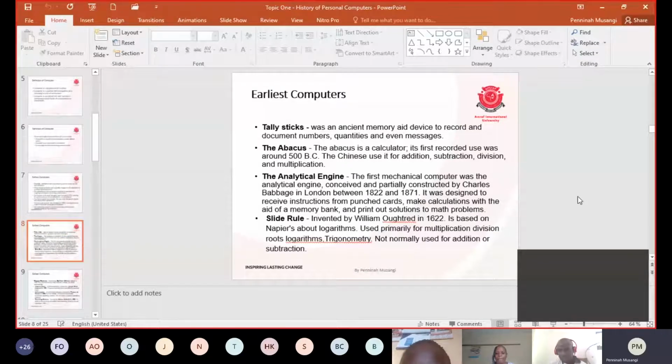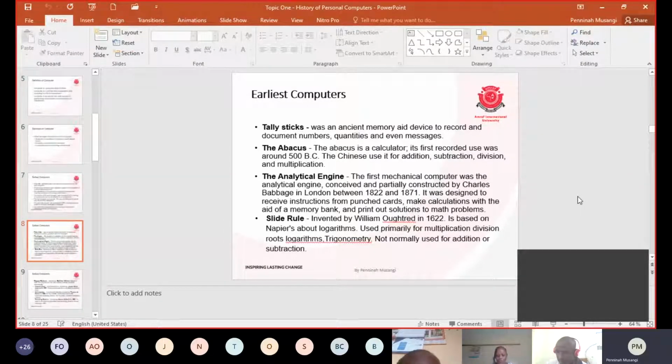We can trace this back to the use of tally sticks. Tally sticks were an ancient memory aid device used to record and document numbers, quantities, and even messages. Therefore, we can term it an early form of a computer, because it was a device to help human beings to document numbers, to calculate, to record.